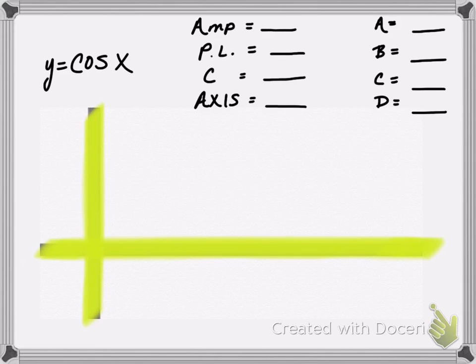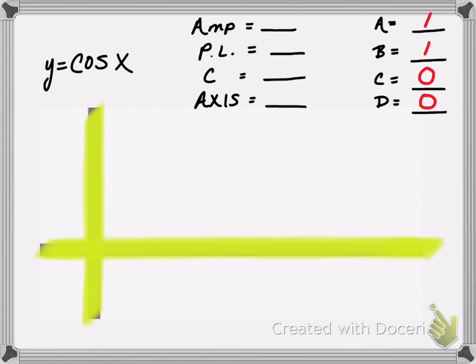All right, so here we're going to talk about cosine, the parent function of cosine. The A, B, C, and D are the same as the parent function of sine. So A is equal to 1, B is 1, C and D are both 0.